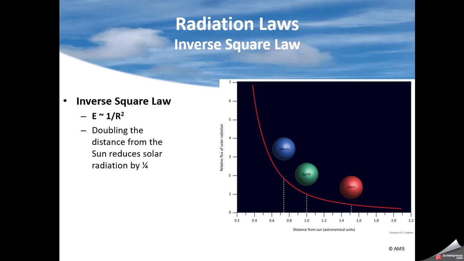So if that radius is, say, 6 times the Earth's, I don't know which planet it might be, that would be 1/36th the amount of energy compared to what the Earth has. So you can see that really reduces the amount of energy being absorbed by any planet, depending on how far away you go from the sun.